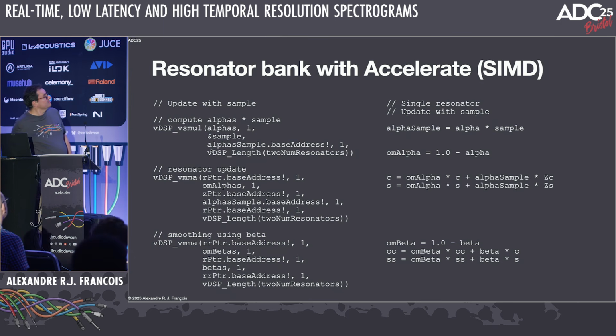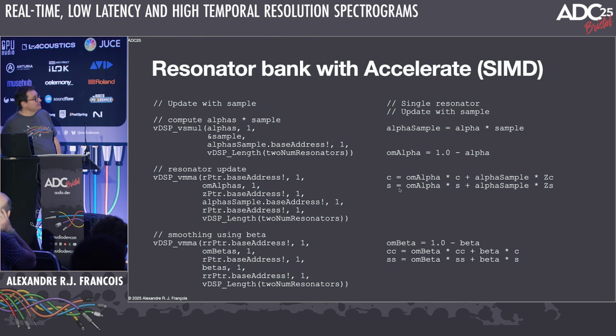So we do pretty much the same thing. Those are very simple SIMD accelerated functions. This is a vector scalar multiply. So we pre-compute this term. We have pre-computed at initialization the 1 minus alpha. Those are all vectors now.